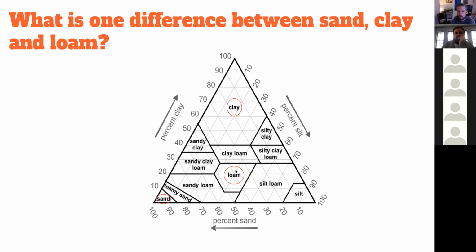They want loam. And so about what percent of the loam texture is made up of clay? So you have to use the left-hand side of the triangle. About what percentage of loam is clay?